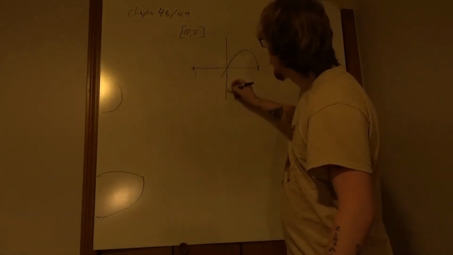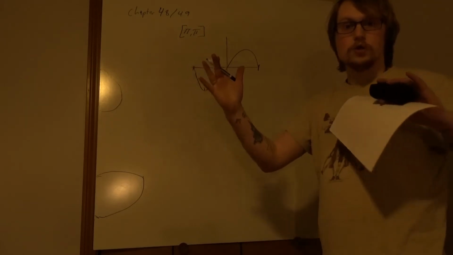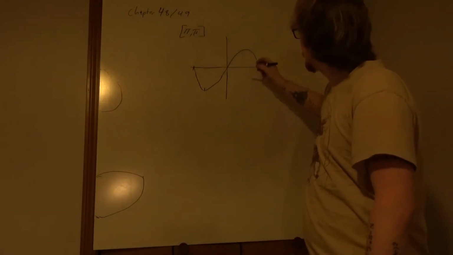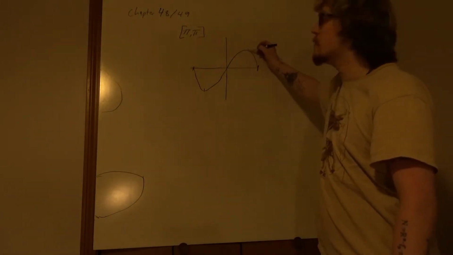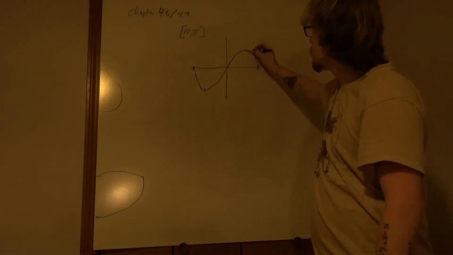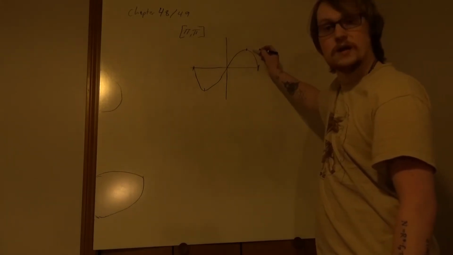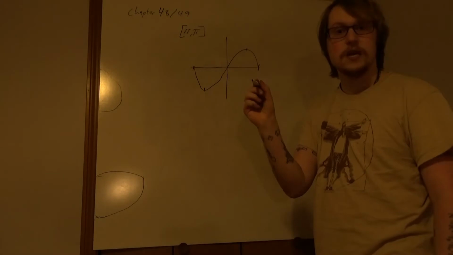However, if we continue to draw in the domain of this, then we can say the first place that it starts to repeat a value is right here, right at the top of this curve, because the points just to the left of this curve will be lower, and the points just to the right of this apex of the curve will also be lower, and so they'll have the same value.